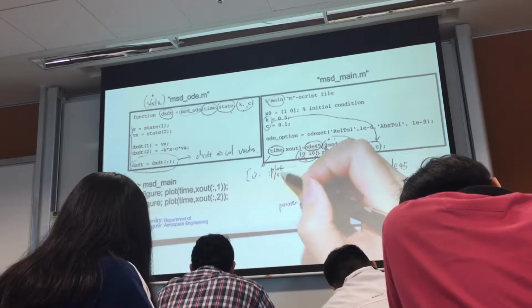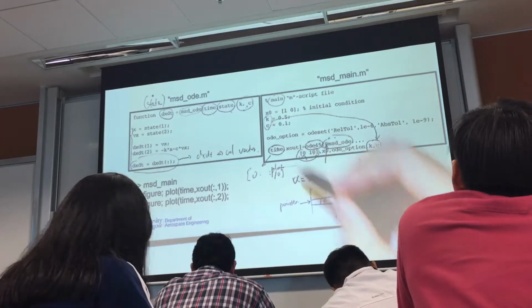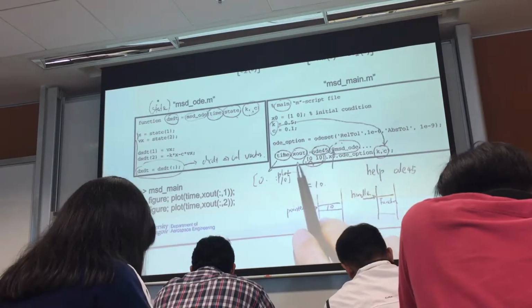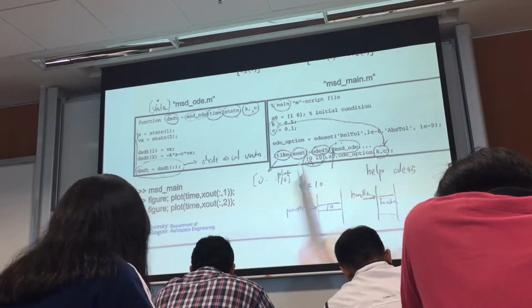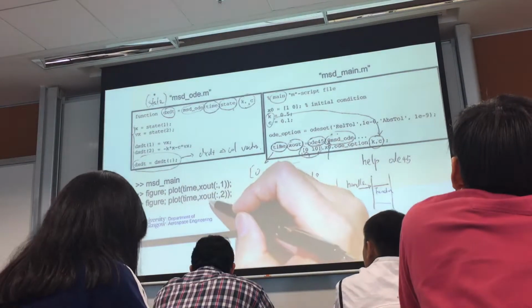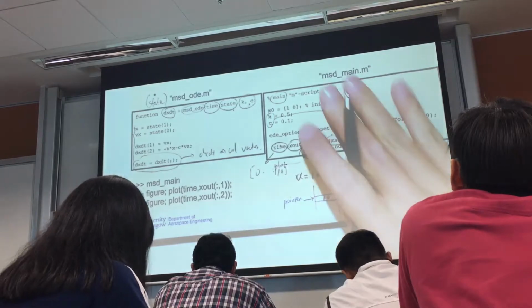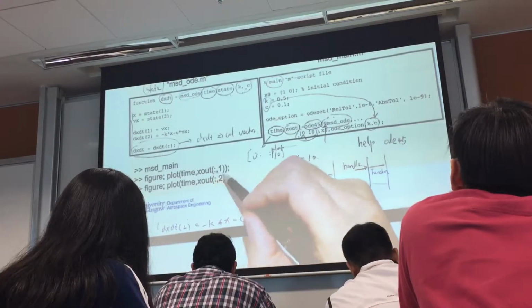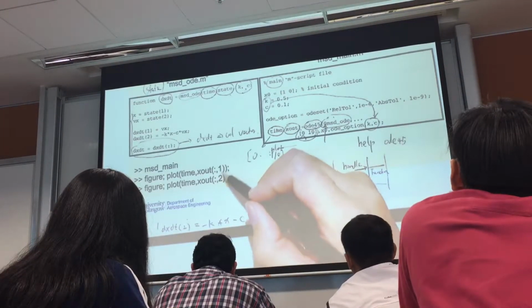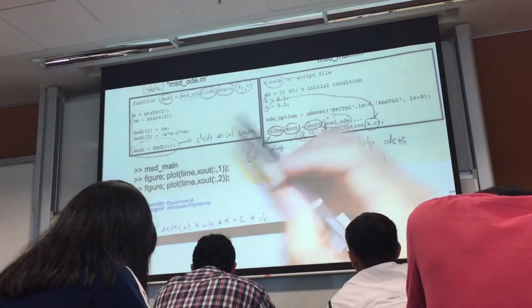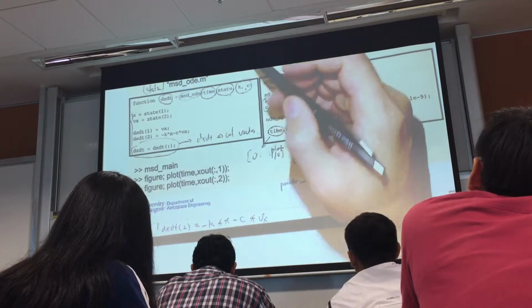This x out will be your final output. In this case, we only have 2 components: we have x and we have vx.